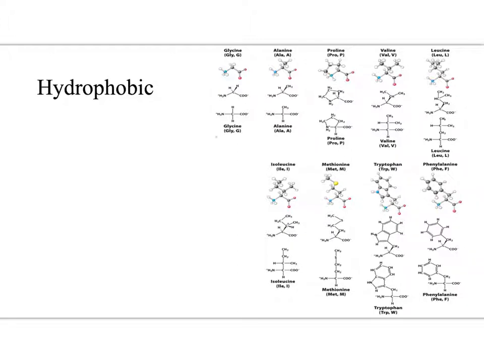So we have glycine, alanine, proline, valine, leucine, isoleucine, methionine, tryptophan, phenylalanine. Those are our 9 different hydrophobic amino acids. Now, you will need to know the structures of the different amino acids and how they're classified.